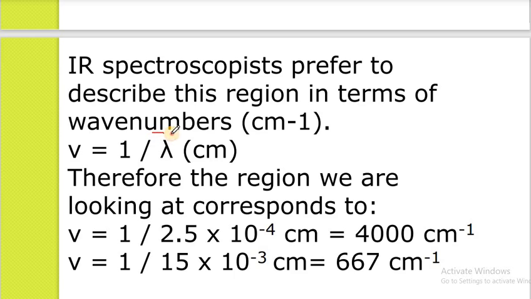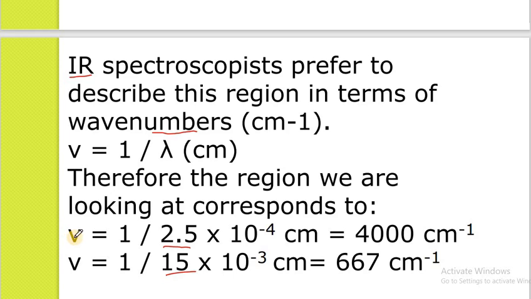Generally, different spectroscopies take different units. In IR spectroscopy, we mainly deal with wave numbers, that is centimeter inverse. And we know that nu bar is equal to 1 over lambda, where lambda is in centimeters. The region is from 2.5 to 15 micrometer.